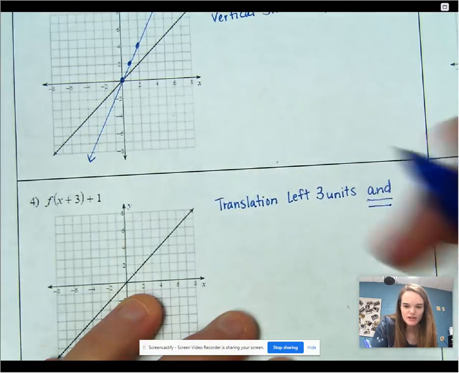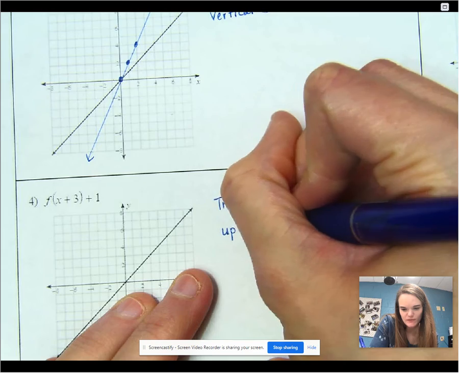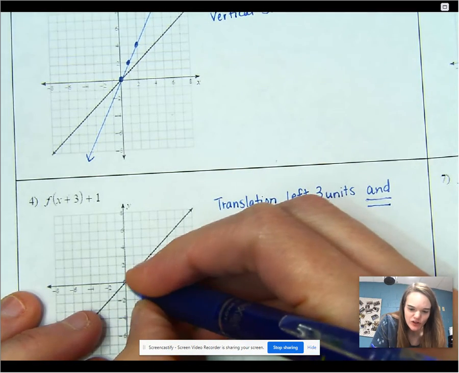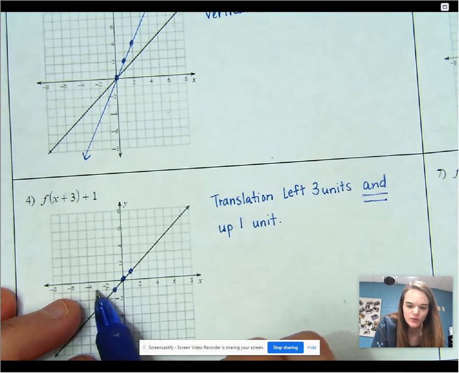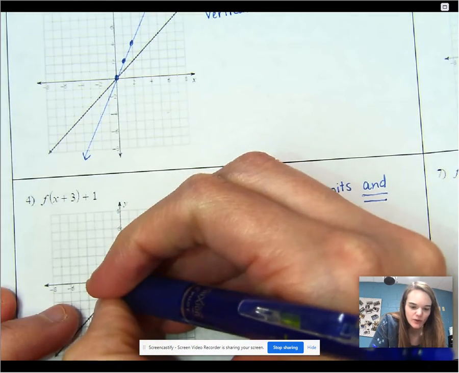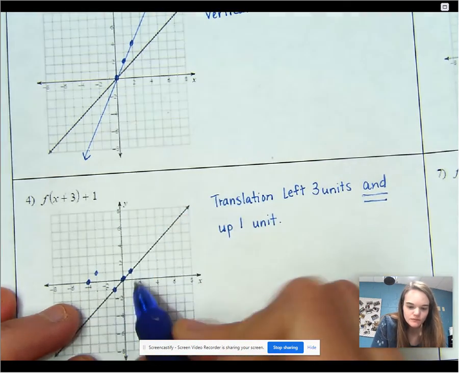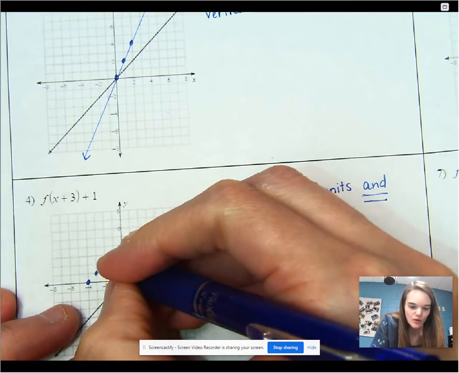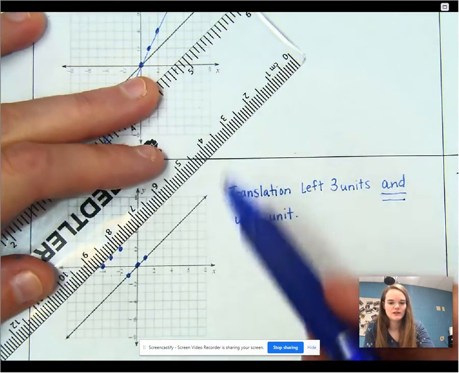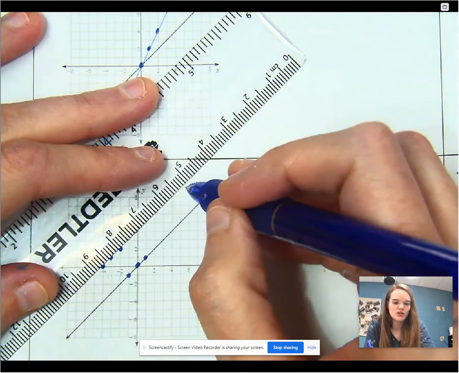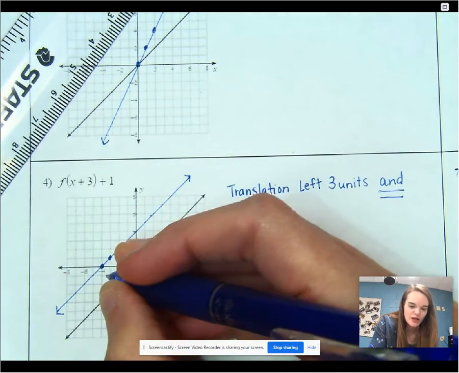It is plus 1 on the outside, so it is up 1 unit. I'm just going to do 3 points. I'm going to go left 1, 2, 3, up 1, and do it at the same time for each point. The slope didn't change because it doesn't have a number multiplied in front. There's what my transformation should look like. Left 3, up 1.